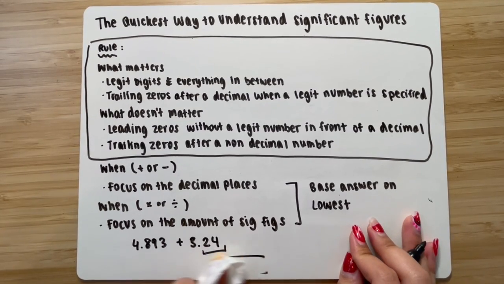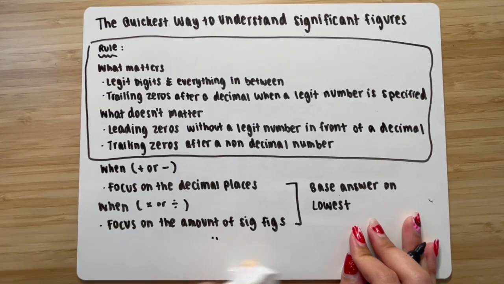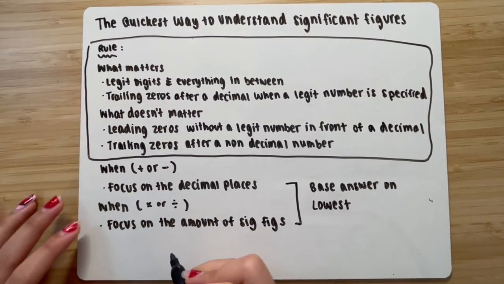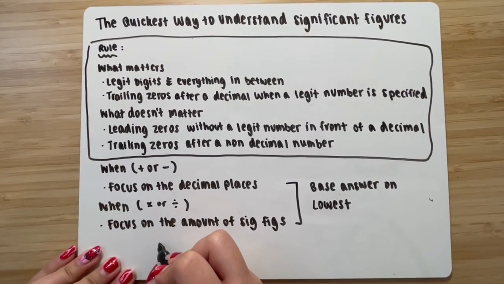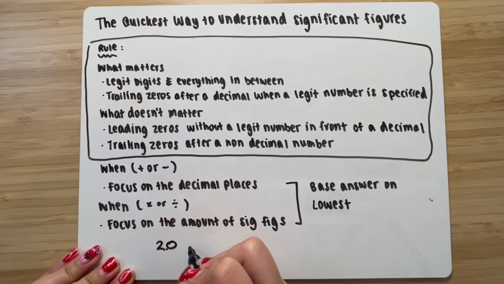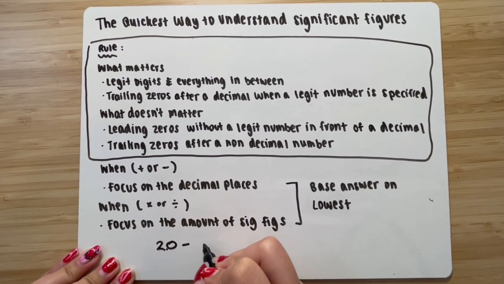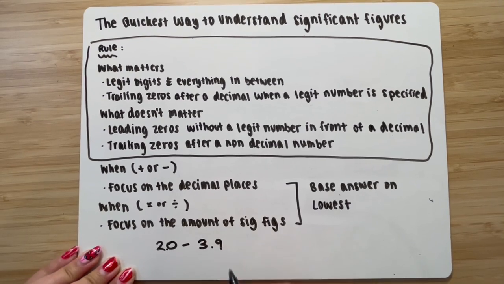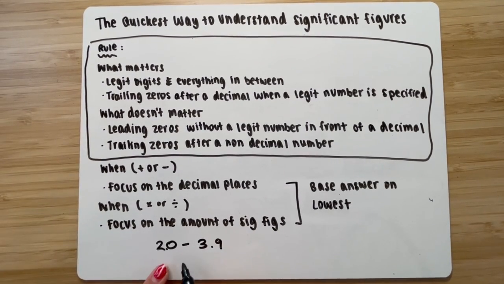Now, if the values have equal decimal places, say 2.0 minus 3.9, it's easy.